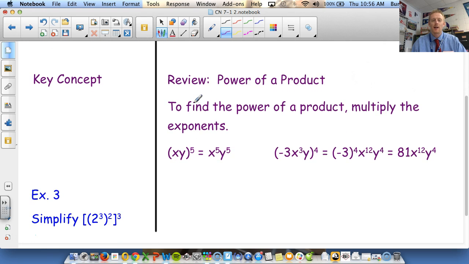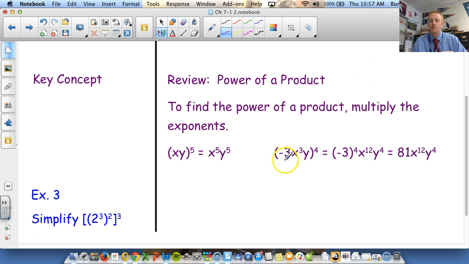All right, next big idea here, folks, is a power of a power. So if I have xy to the 5th, that means that this exponent gets to both things inside. This is kind of like the distributive property again. So this would result in x to the 5th, y to the 5th.